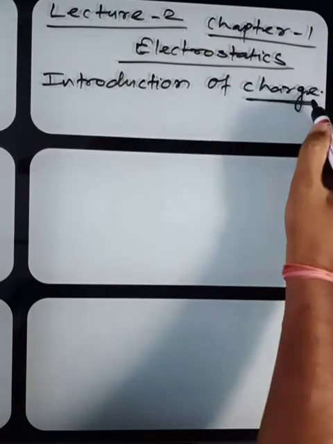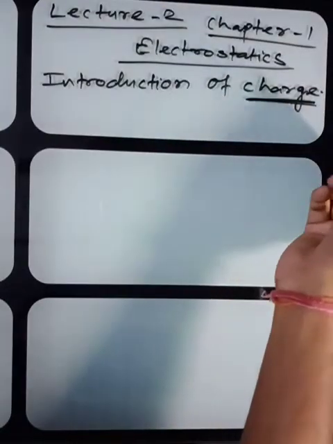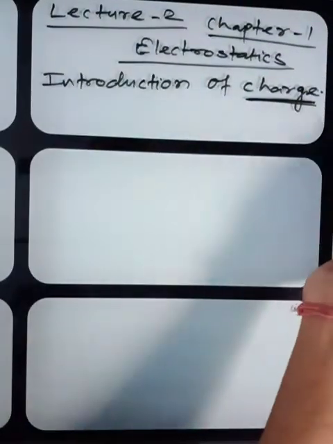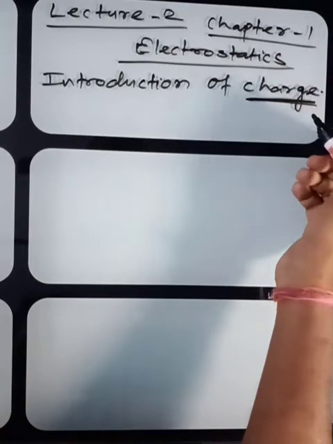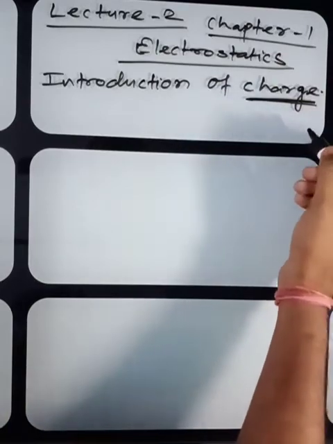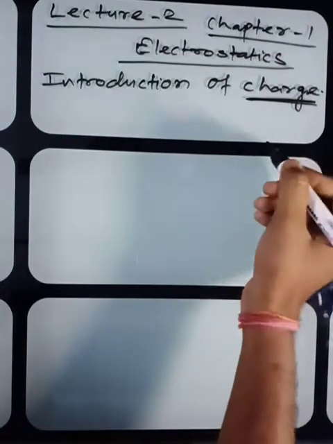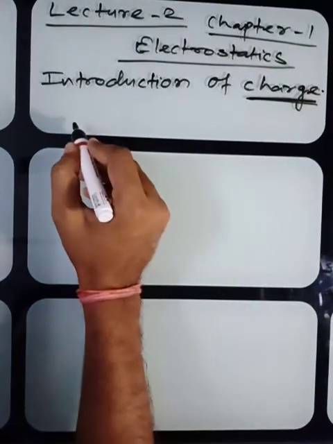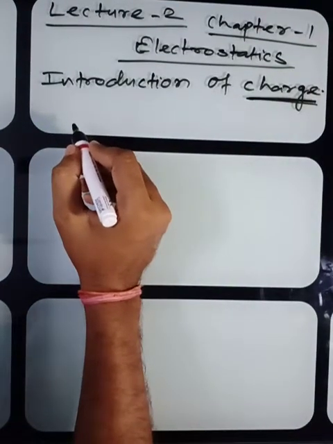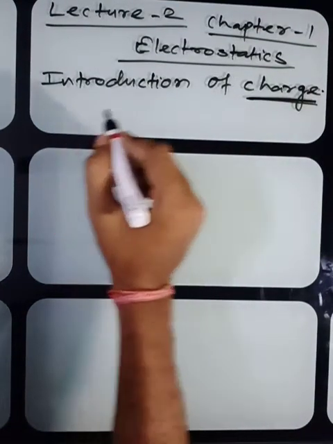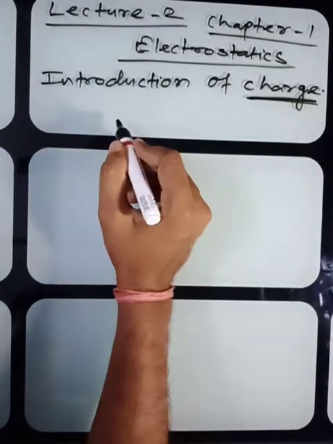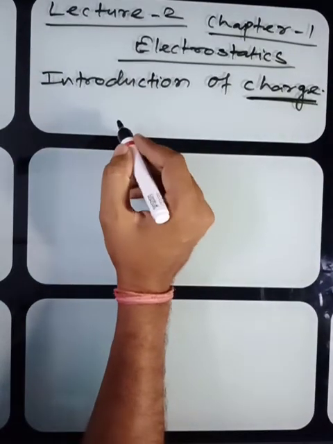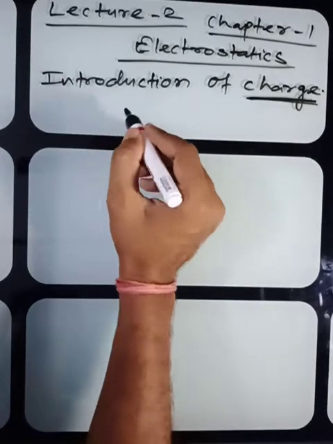you know the charge is nothing but the excess or deficiency of electron. Wherever you need, you can pause the video and note down. Suppose we are having an object.